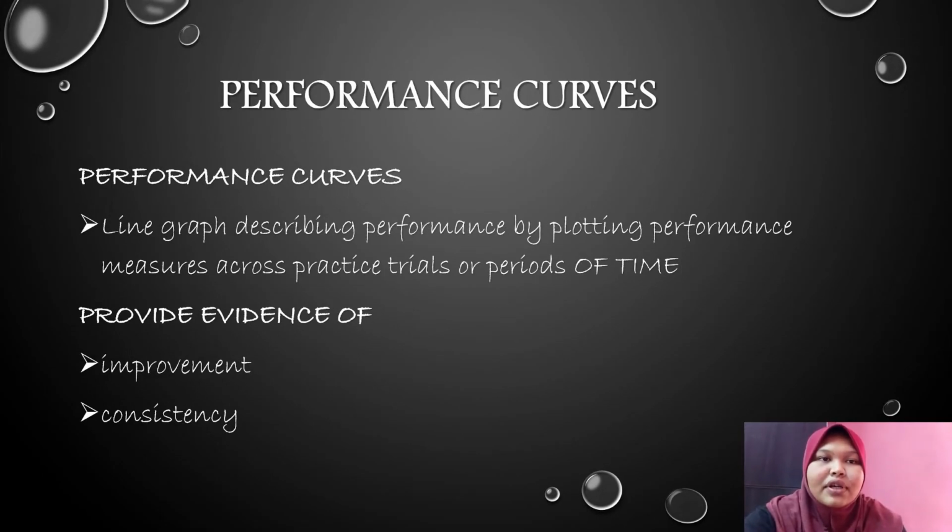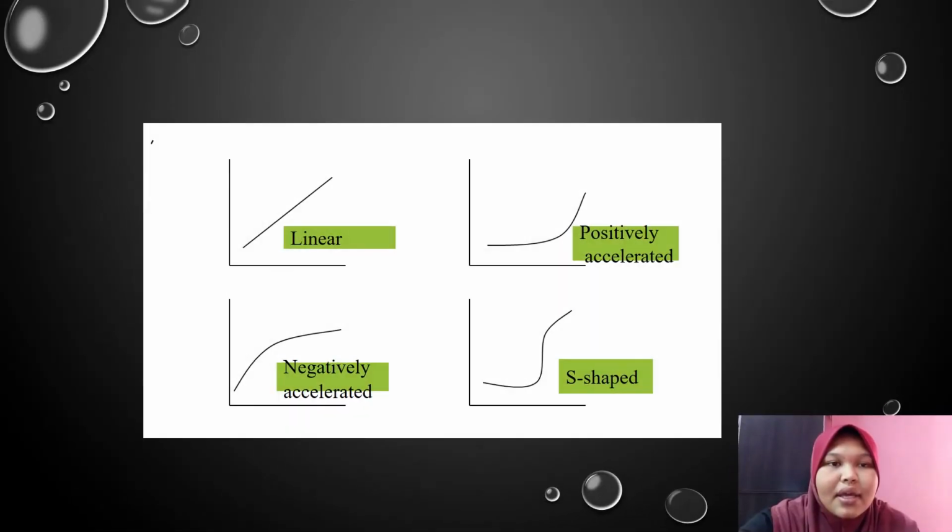Then we move to the performance curve. It is a line graph describing performance by plotting performance measures across practice trials or periods of time, and provides evidence of improvement and consistency. Like the slide shows, you can see there are 4 types of performance curve.